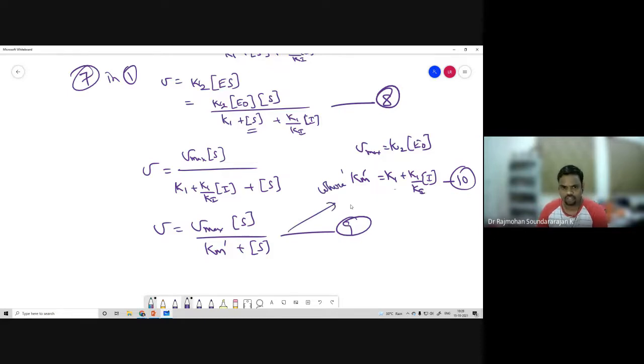If Km dash is equal to this total term, we can write V equal to Vmax into S by Km dash plus S.